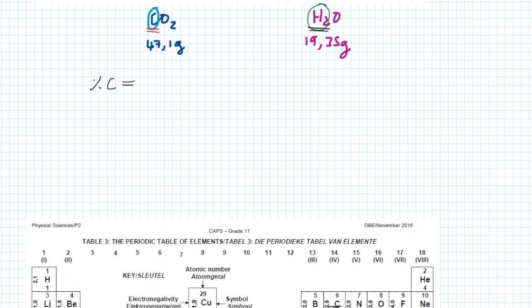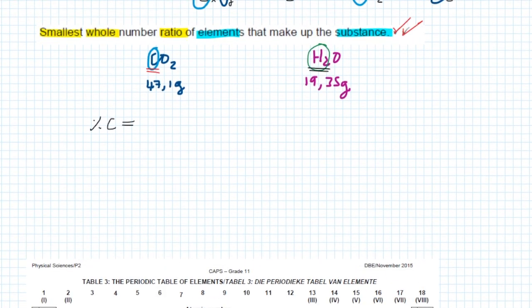We have 1 carbon in carbon dioxide, so it's 12 times 1, divided by the molar mass of the entire compound, that is 12 plus 2 times 16, since carbon dioxide contains 2 oxygens. And then we multiply by 100 because we're looking for percentage.